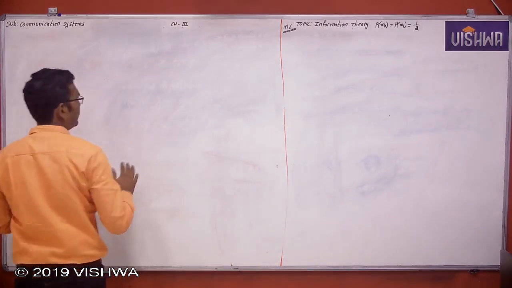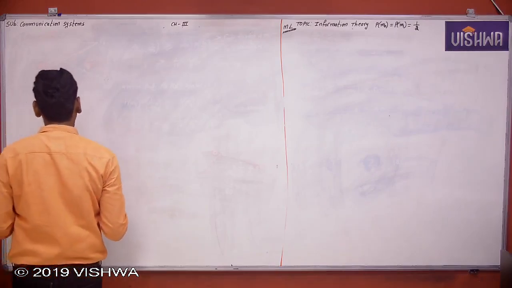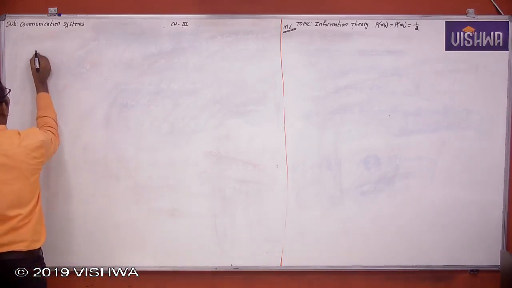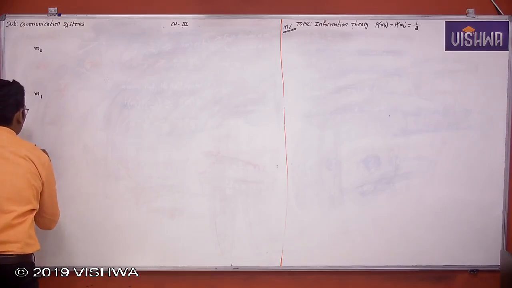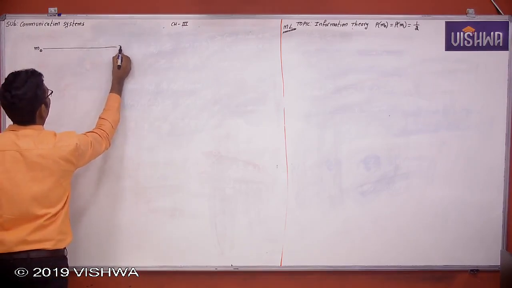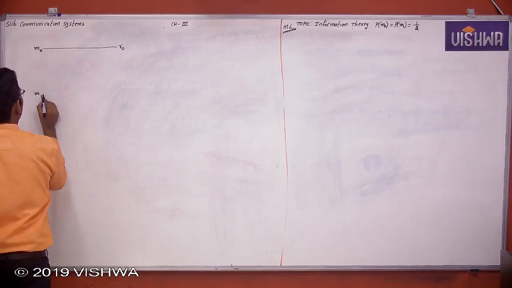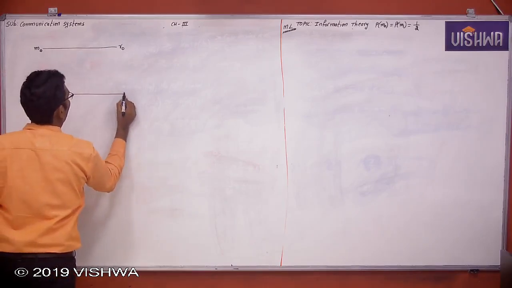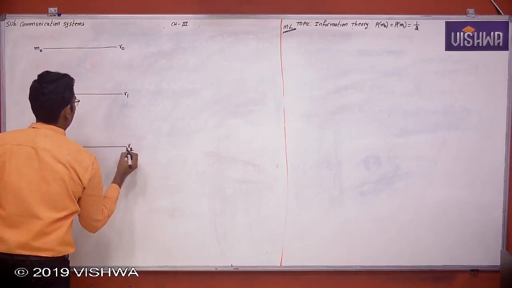Now you can extend this to any M. But now here he is giving it like this. There are three symbols, M0, M1, M2. When M0 is transmitted, R0 is received; when M1 is transmitted, R1 is received; when M2 is transmitted, R2 is received.